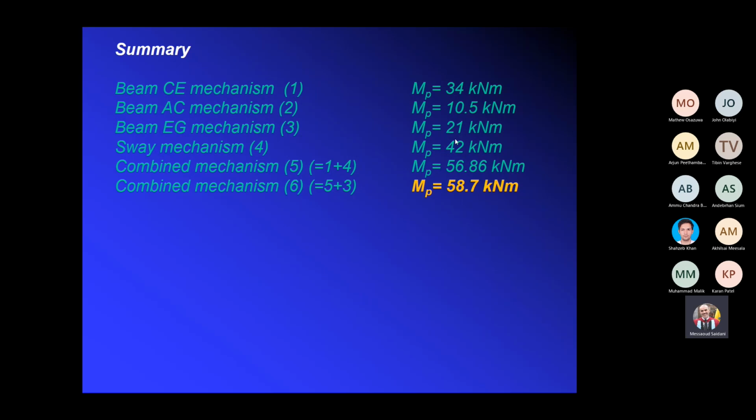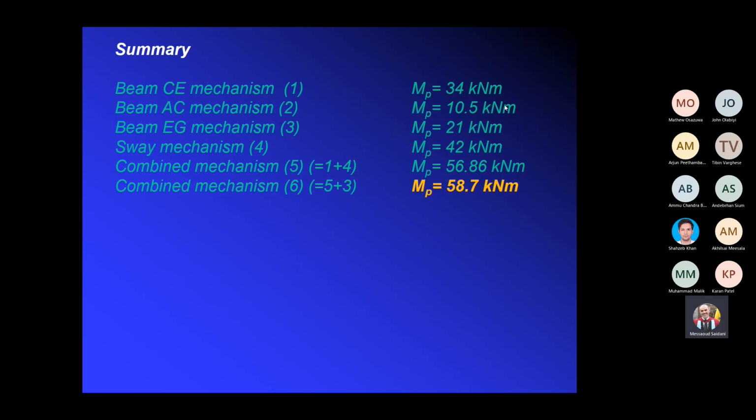Beam EG mechanism gave us 21. The sway mechanism gave us 42. The combined mechanism, combining beam CE and sway, gave us 56.86. And finally, a combined mechanism, combining the sway and the beam EG, gave us 58.7 kilonewton meters.